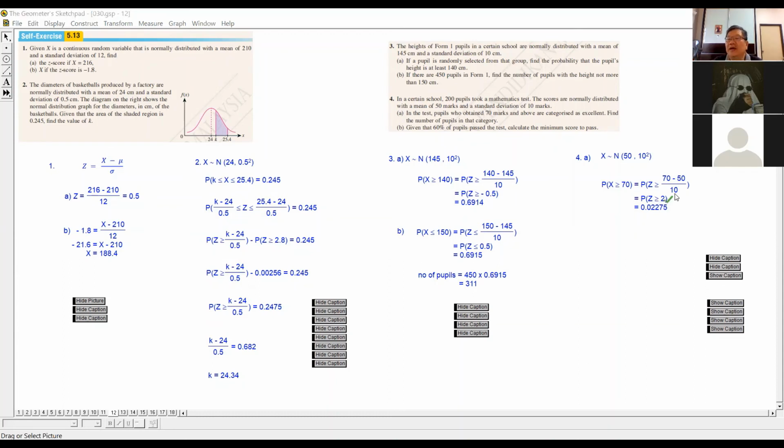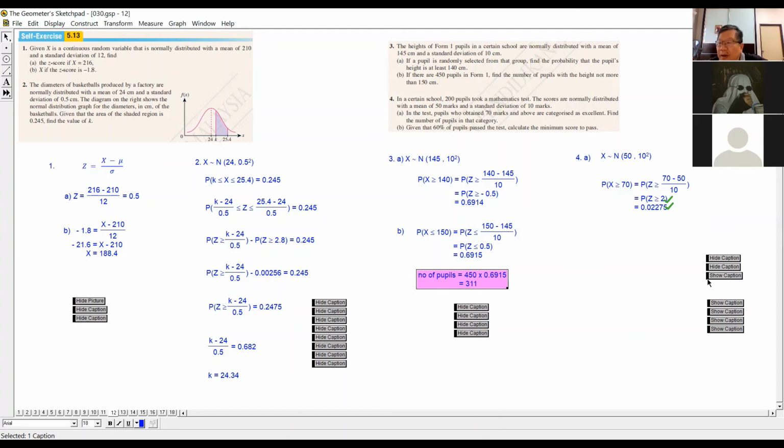From the Z score equal to 2, you can use your calculator or the table, right? Then you type in and the probability is 0.02275. But they don't want the probability, they want the number of students. If you want to find the number of students, you have to multiply the probability with the total.